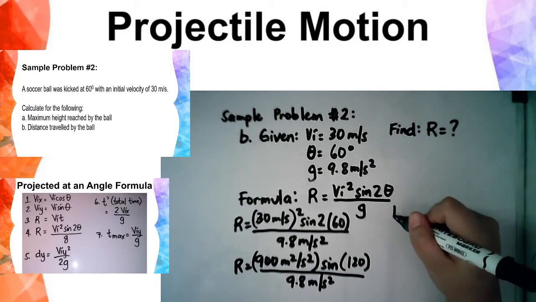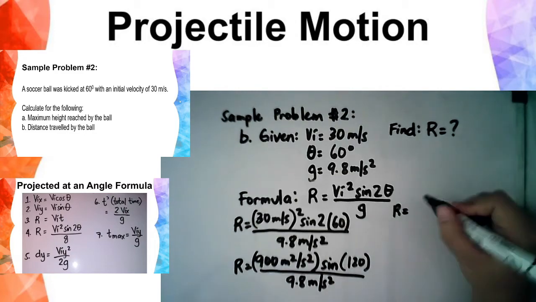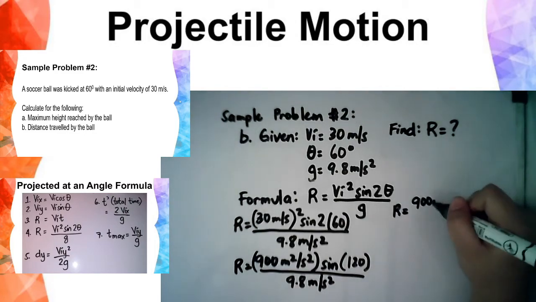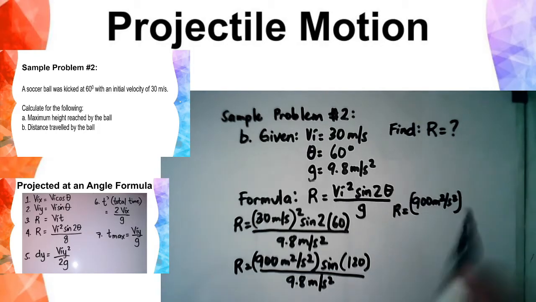Okay, next. Copyahin muna natin itong 900. So, we have 900 meter squared per second squared. And then, computin nyo muna to. So, i-type nyo po sa calculator yung sine, S-I-N, 120, and then equal sign. Tulad na binanggit ko kanina, round it off up to 2 decimal places.